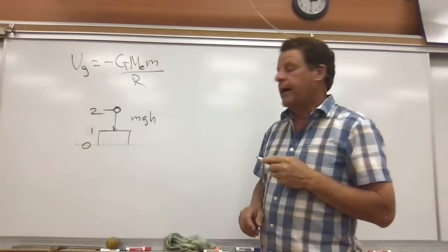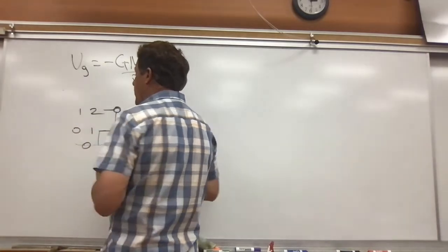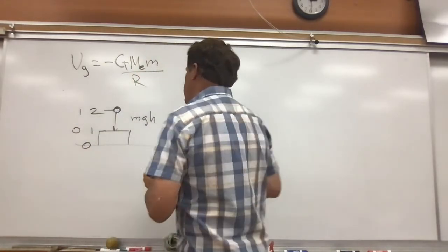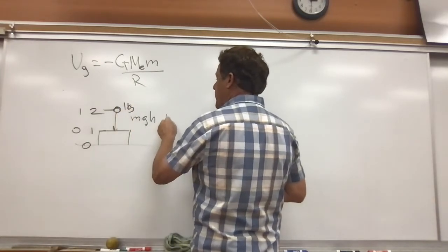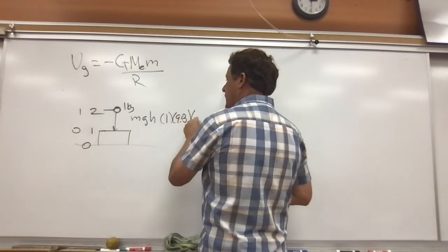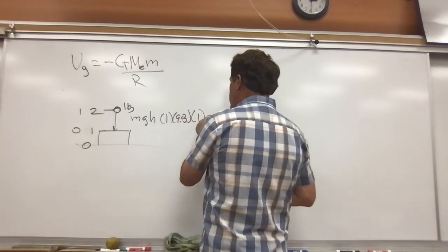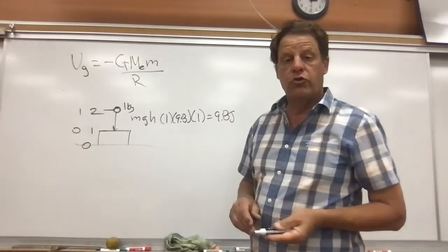When we did it the first time, when it was 0, this would have been 1, and for a 1 kilogram object we would have 1 times 9.8 times 1, which would give us 9.8, and that would be 9.8 joules.